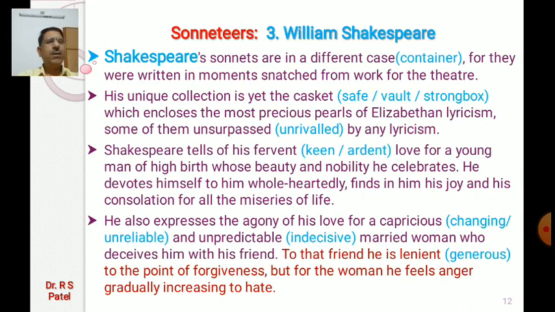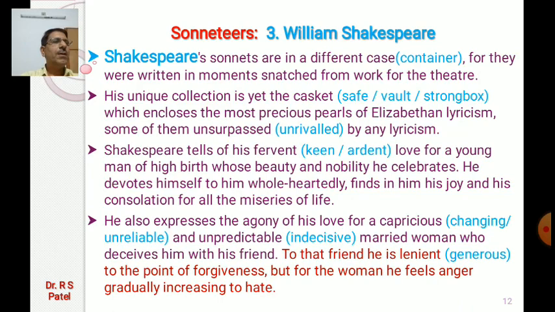Capricious means not trustworthy, changing constantly, an unreliable person she might be. And unpredictable means indecisive; one cannot predict her behavior. Unpredictable married woman who deceives him with his friend.